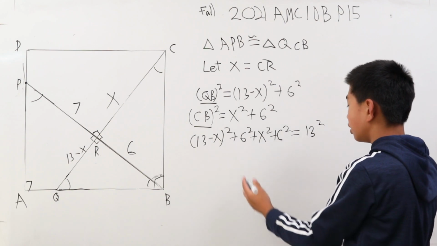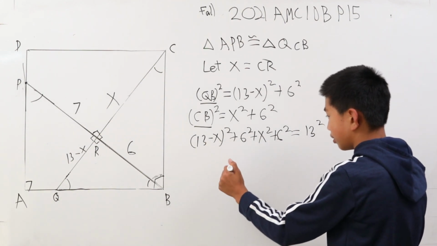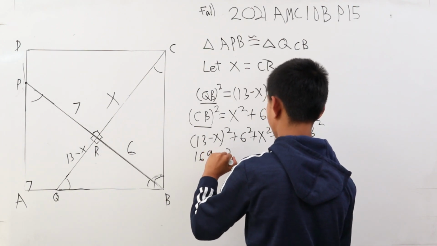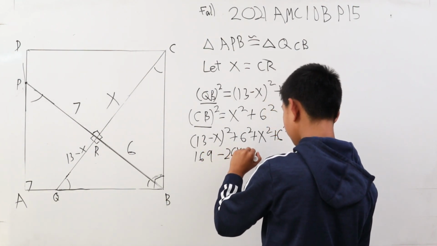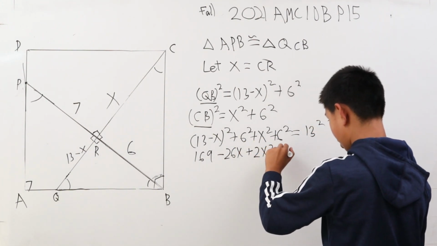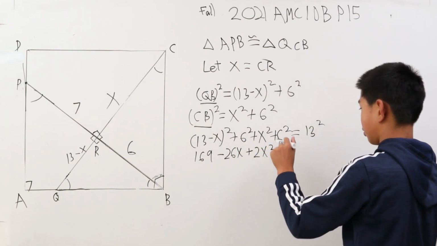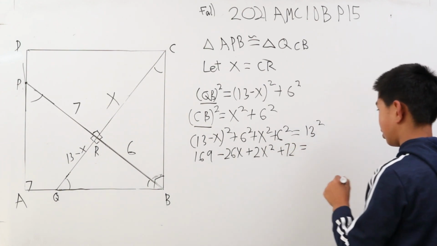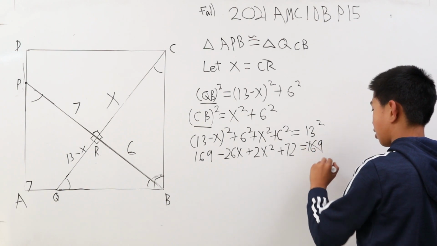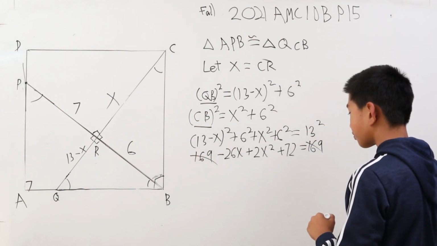First of all, we have a 13 squared here. This is 169 minus 26x plus 2x squared, because there's one here, and then plus 72, because there's two of these, and 2 times 36 is 72. And this is 169, and we can cancel these out.